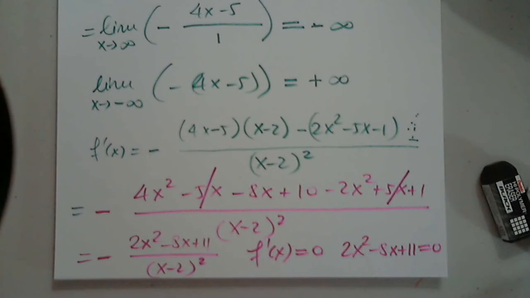In the calculator, I'm sharing, and I will put in 2, negative 8, and 11. Yes. Okay, 2 is there. Negative 8. Okay. And positive 11, yeah. Okay.